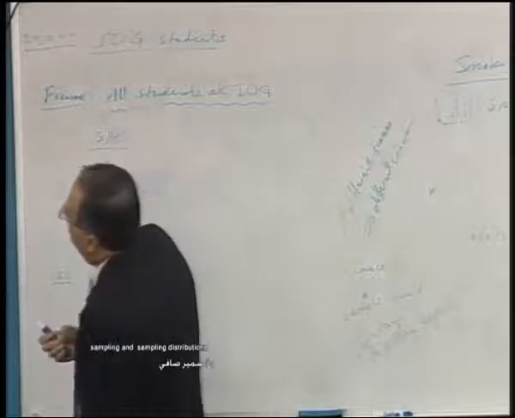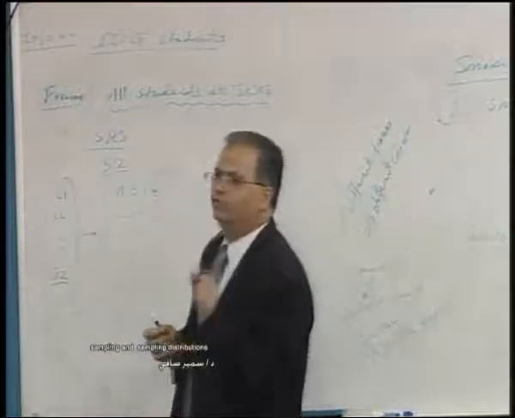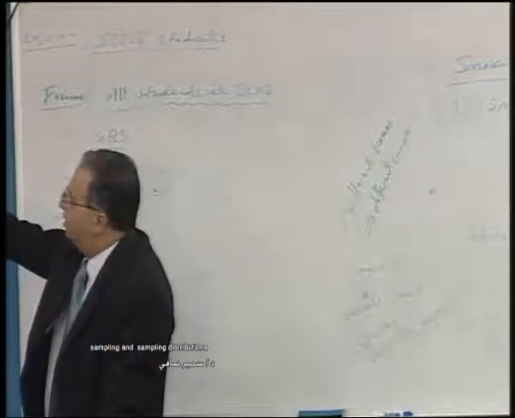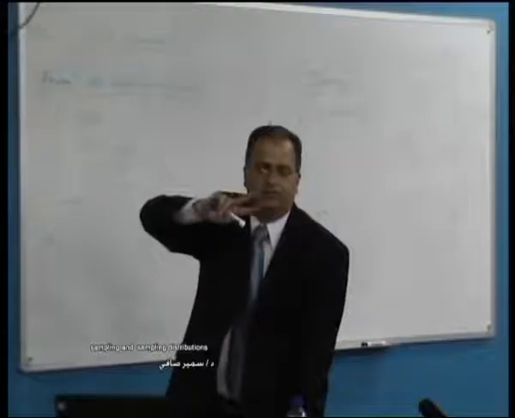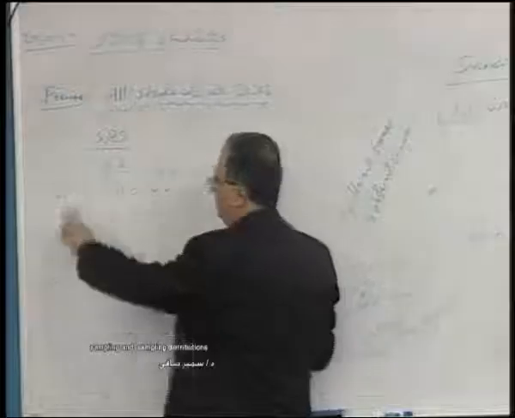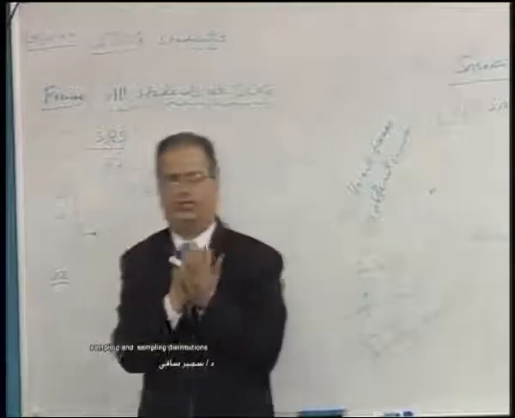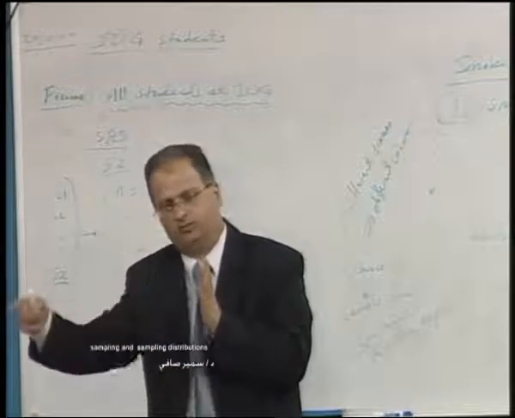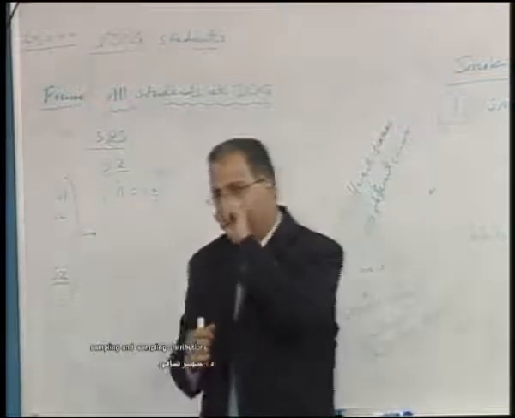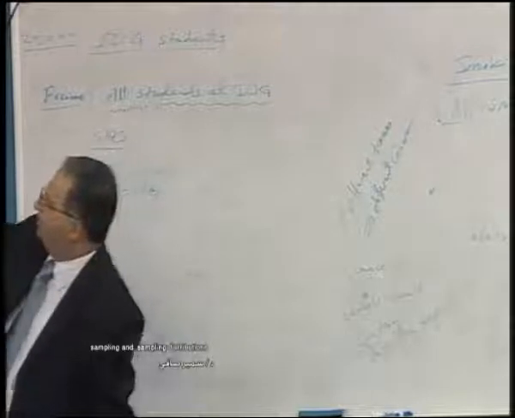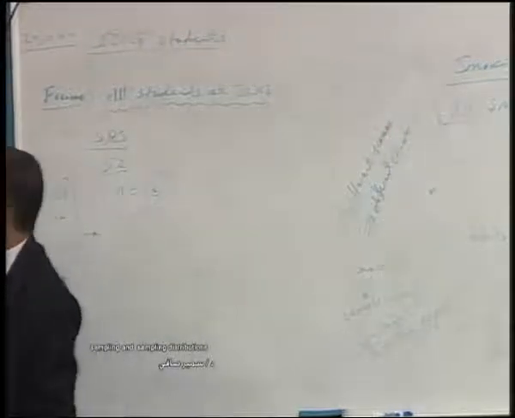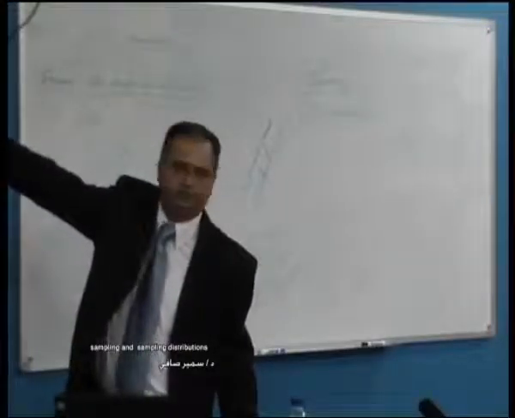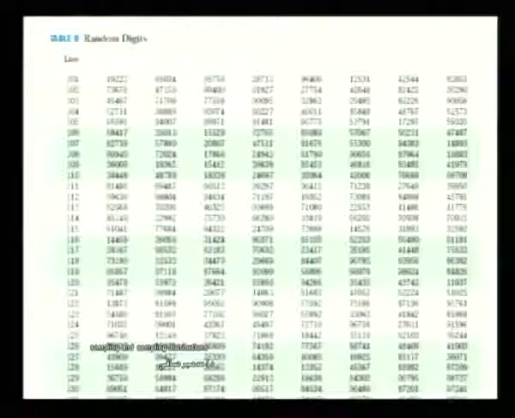Now, the first student selected is student number... we have to take two digits. How many digits do we have to take? Because students have ID numbers that consist of two digits, 01, 02 up to 52. So what's the first number of students selected based on this table? Forget about the line, 101. Start with this number.